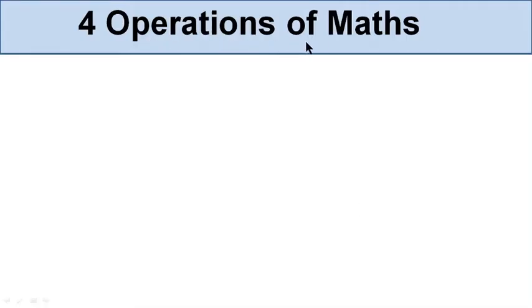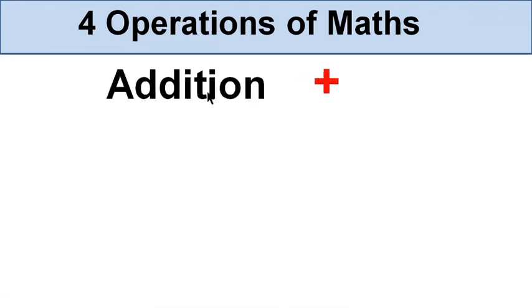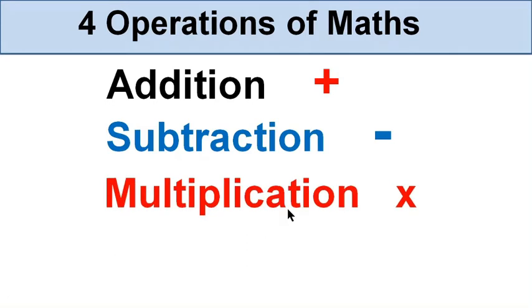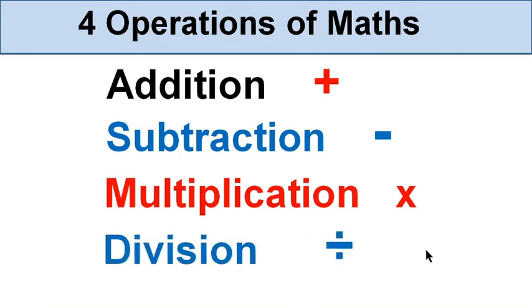4 operations of mathematics. There are 4 operations in mathematics. These are addition, subtraction, multiplication, and division. If we want to increase a number, we must add or multiply.